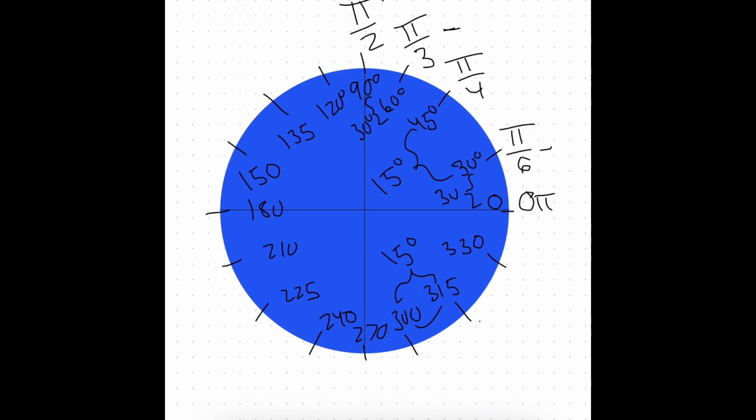And this point right next to it will be 4 pi over 6, which is 2 pi over 3. And then at 150 degrees, it will be 5 pi over 6. And then at 180, 6 pi over 6, which is pi. And let me continue this throughout.